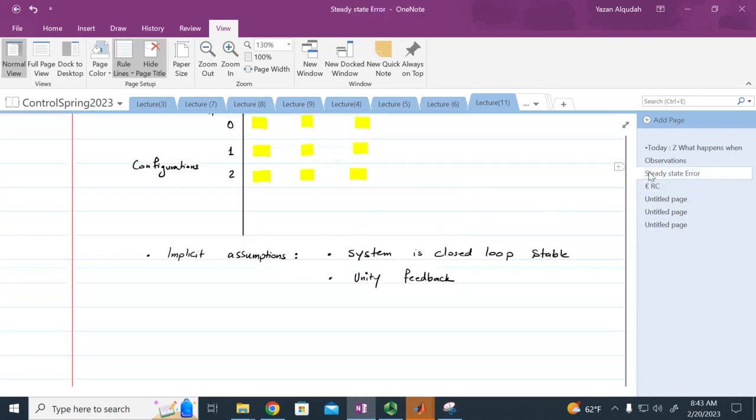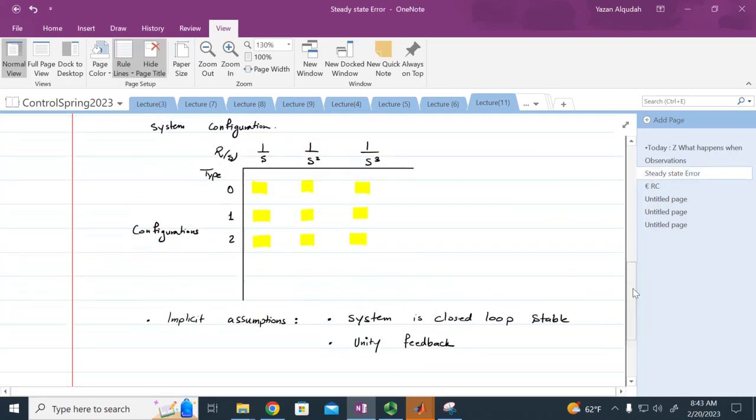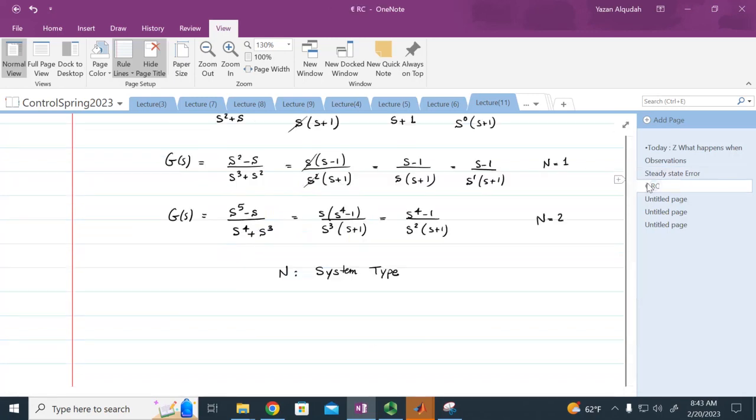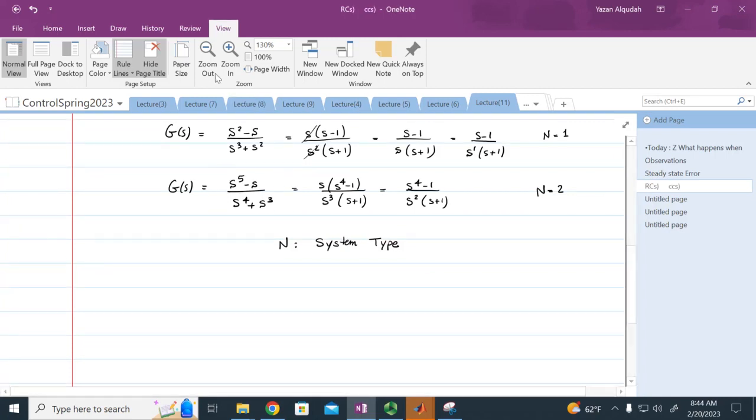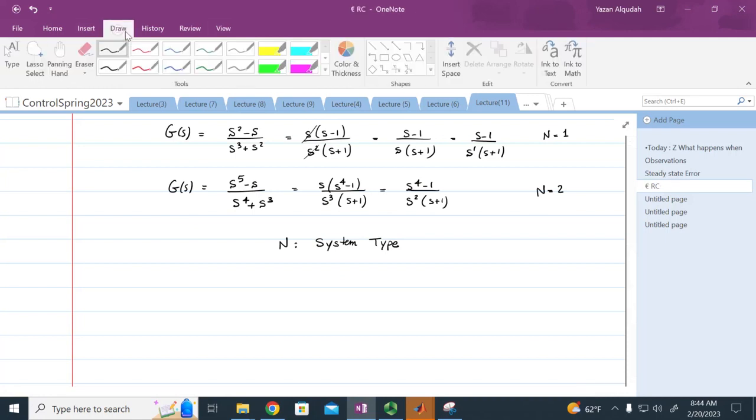So remember in the table here, we said we're going to look at different configurations, and we're going to be using the type as the column that will define the different entries. This n that we defined here, we're going to call it system type. And therefore, as you can probably guess, it will play a major role in determining the steady state error of the system.